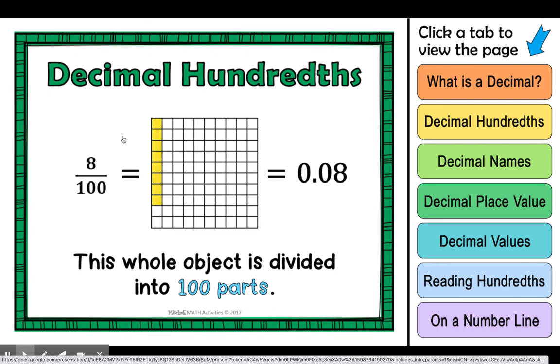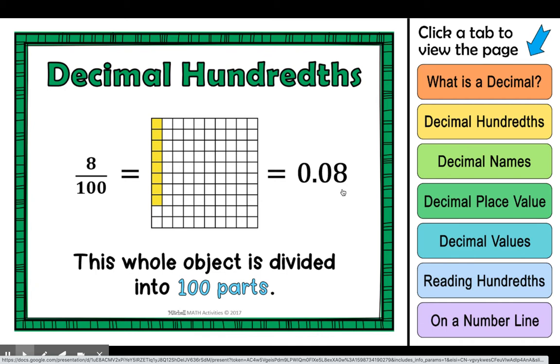Now, this little square right up here that I'm pointing my mouse at represents just 1/100th. So you can see how much smaller that is than a tenth, which is this whole strip here. All right, now the yellow portion, you can write that in fraction form, 8 out of 100, or 8/100ths, and you can also write it in decimal form.